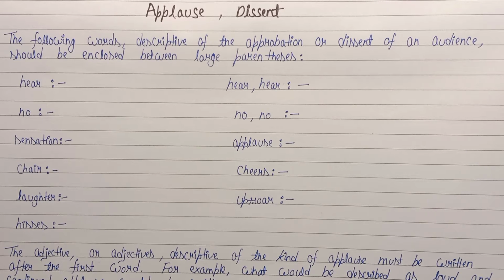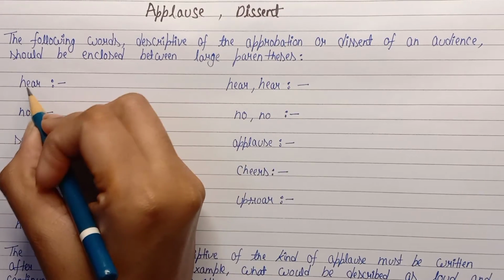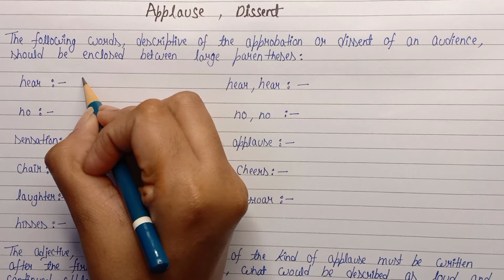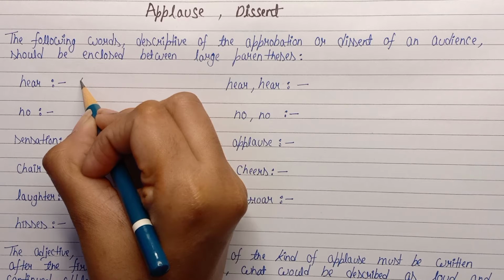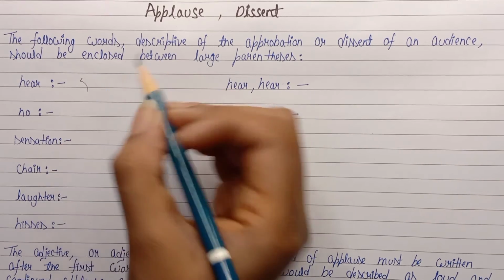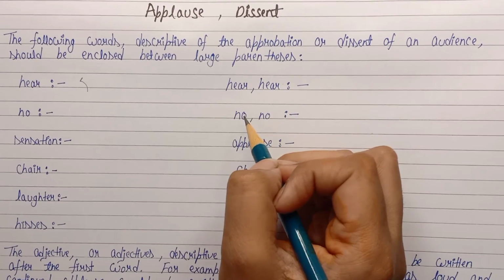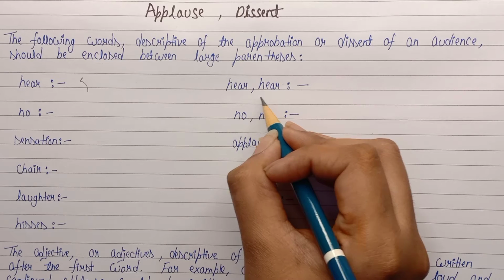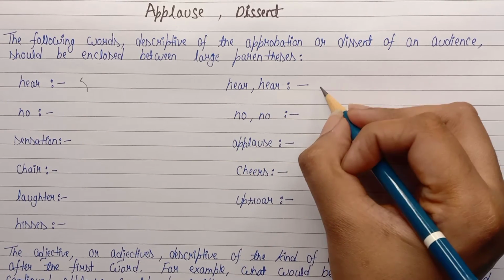First word is hear. So for hear we use the hook of H and downward R. H and R, hear. Next, here and here, hear or here.